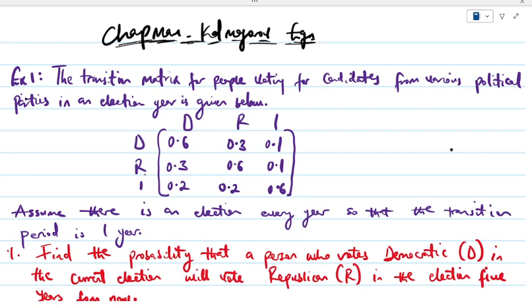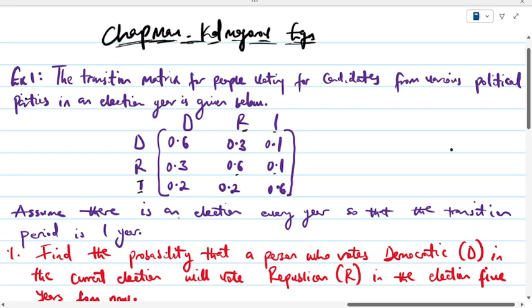If the current voters are Republican, the probability that they will vote Democratic in the next election is 0.3, Republican is 0.6, and Independent is 0.1. Lastly, those who vote Independent in this election will vote Democratic in the next election with probability 0.1, Republican 0.2, and Independent 0.6.